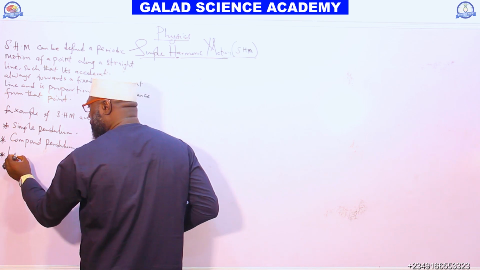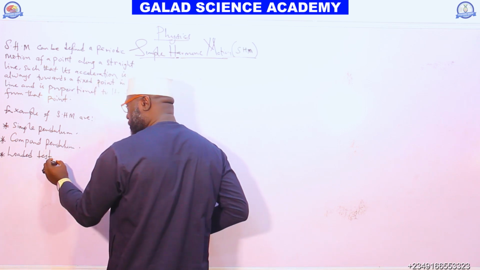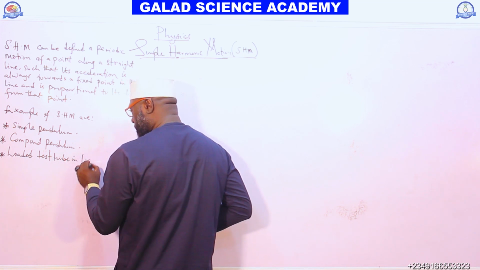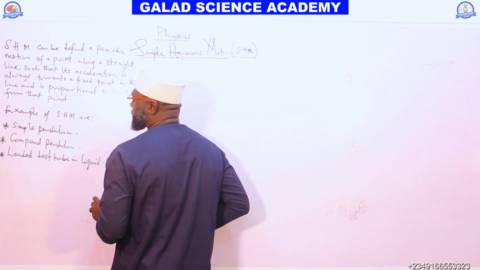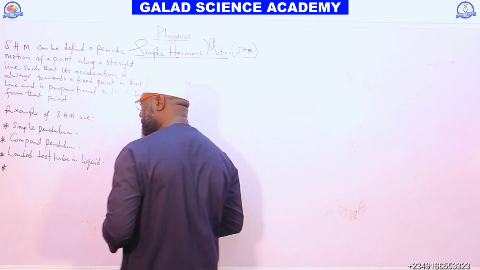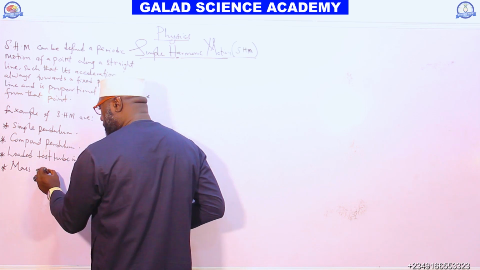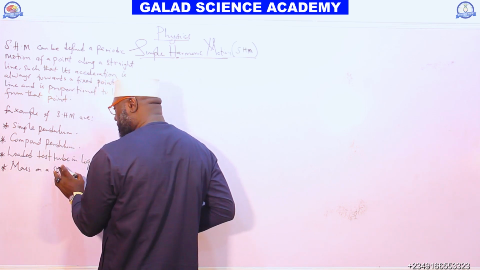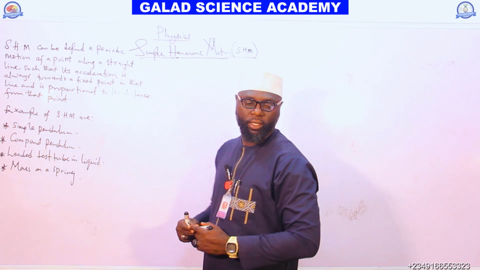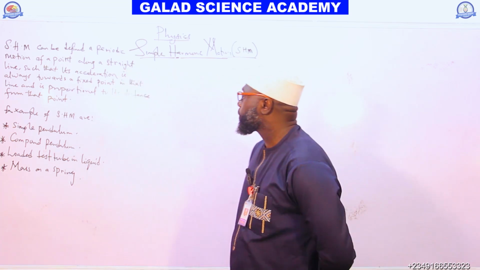Number three, we have a loaded test tube in liquid. Number four, we have a loaded mass on a string. So these are the four common examples of simple harmonic motion.